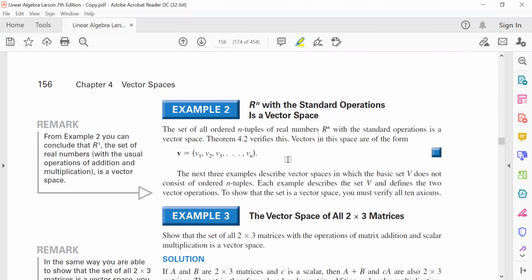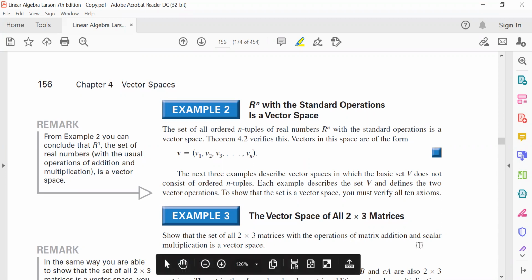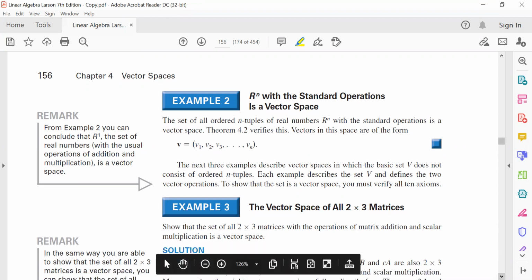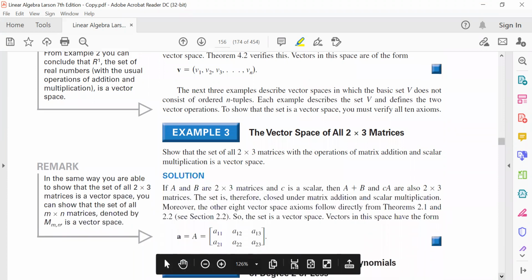Let's look at some other examples of sets which have the vector space properties. One example would be the set of all 2x3 matrices. This is going to form a vector space. Why is that? Very simple, let's go through it bit by bit.